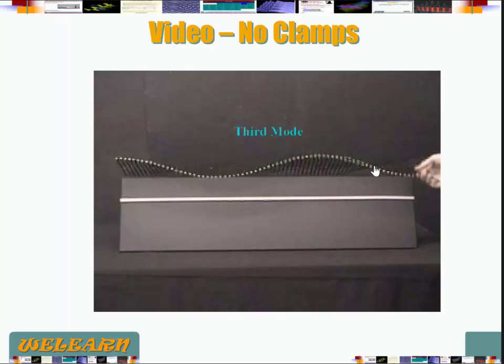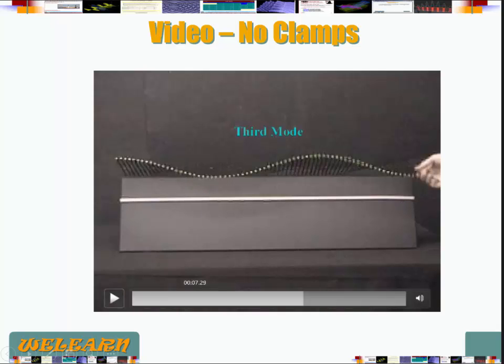Now with the three nodes, I have one segment here, two segments here, and then half and half. So altogether we have 2 plus 2 halves, or 3 segments. So the 3 segments, that's 3 lambda over 2, should be equal to our wavelength. Okay, let's play it again.